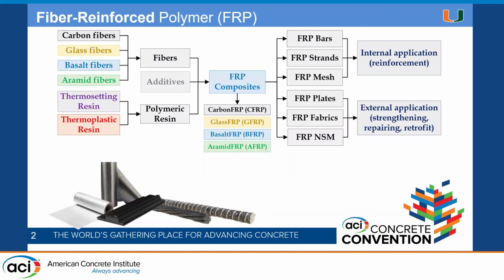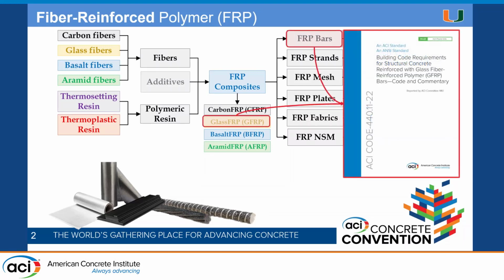So if you mix the fiber with the polymer and some additives, you'll have the FRP composites, typically for structural application. We talk about 4 types of FRPs: carbon, glass, aramid, and basalt. And now that you have the FRP composites, you will have different types of structural elements for internal and external applications. So recently, the ACI Committee 440 issued the new ACI Code 440.